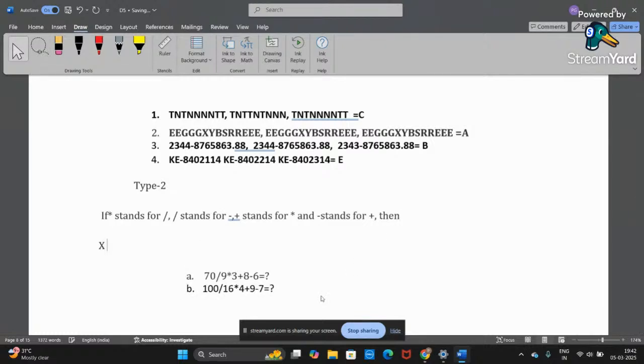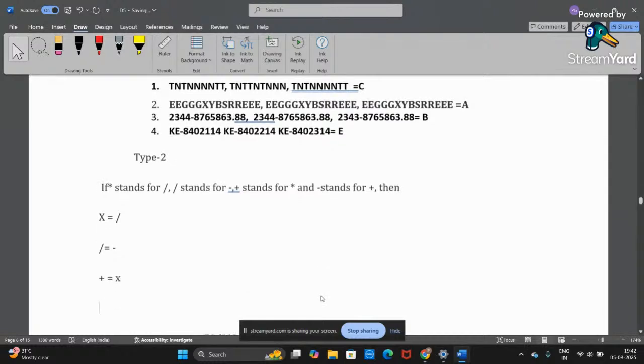Division stands for subtraction. Addition stands for what? Multiplication. And subtraction stands for what? Addition, right?